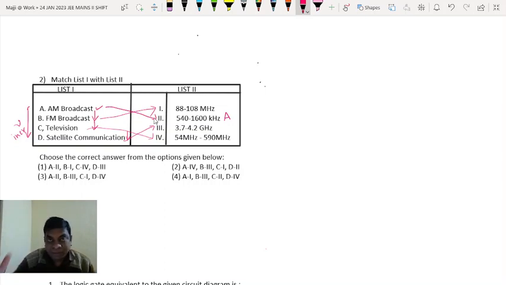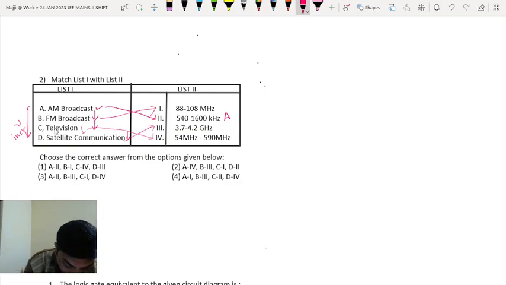So the waves travel along the Earth's surface by undergoing reflection at the ionosphere. Whereas television signals and satellite communication signals have much higher frequency and don't get reflected, rather they get refracted through the ionosphere. For electromagnetic waves to get reflected, there is a minimum frequency known as the critical frequency.